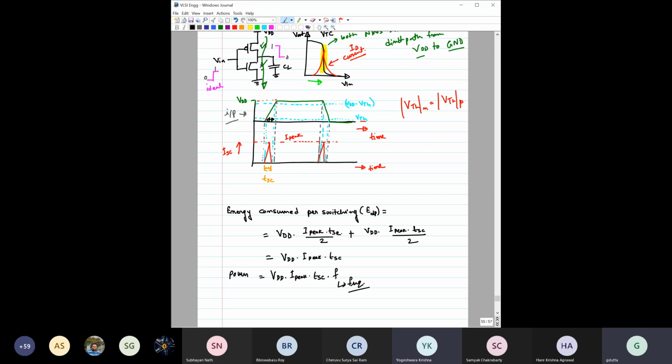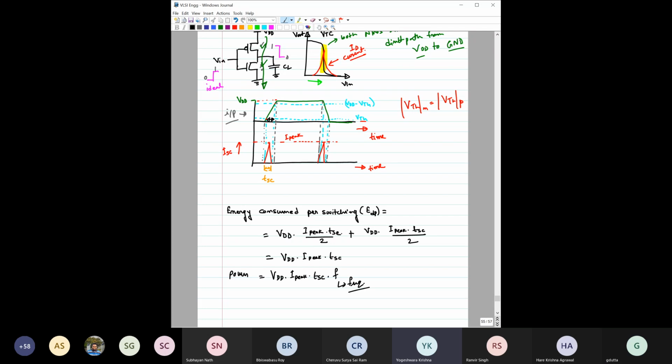Shubhayan, is that clear? Yes, sir. So we can define TSC like that: TSC is the time when both the PMOS and NMOS are on simultaneously. Sir, you actually said short circuit for that. Yes.